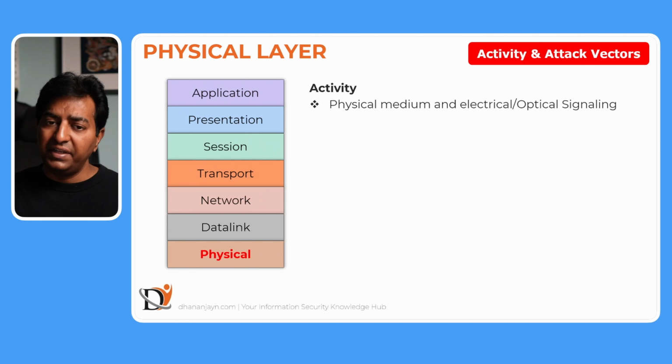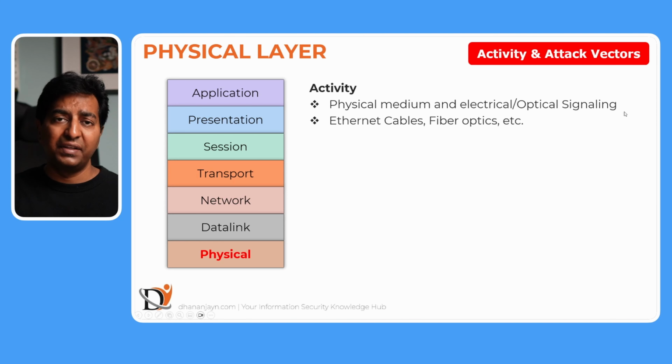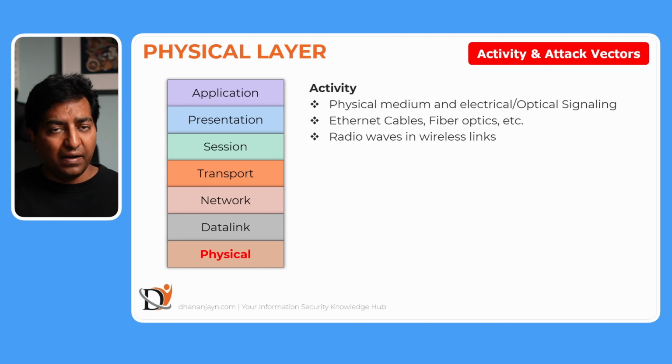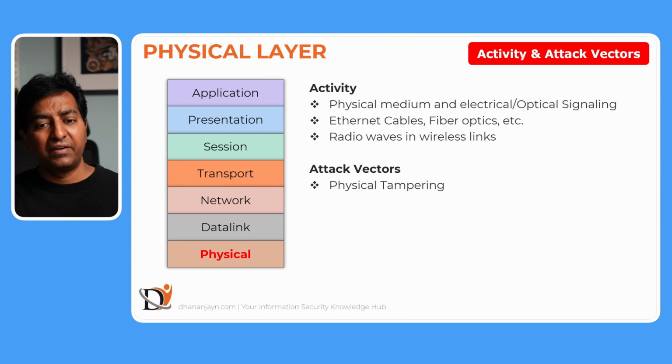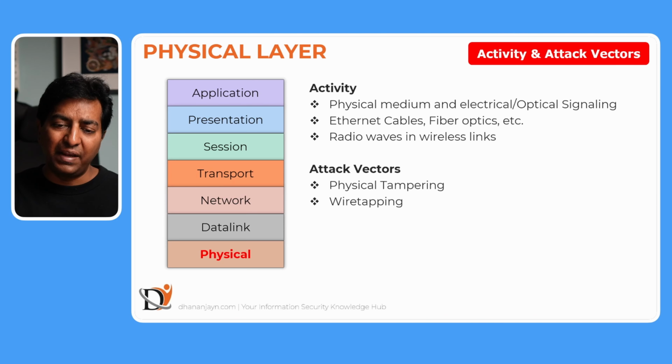So, activities and attack vectors. Physical medium and electrical and optical signaling goes here. Ethernet cables and fiber optic cables are used at this layer. When it comes to wireless, it will be radio waves in the wireless links. Talking about the attack vectors, somebody may do physical tampering, right?